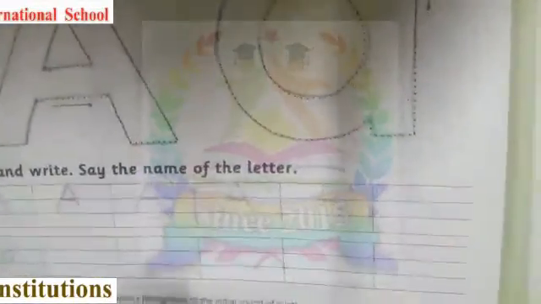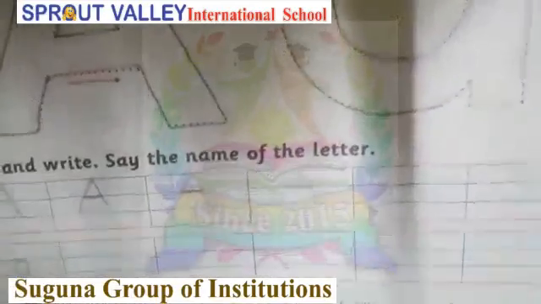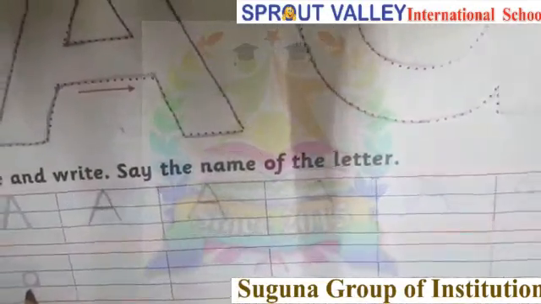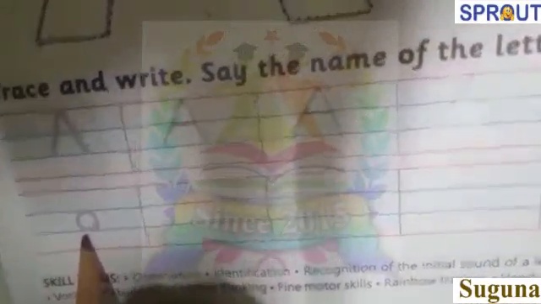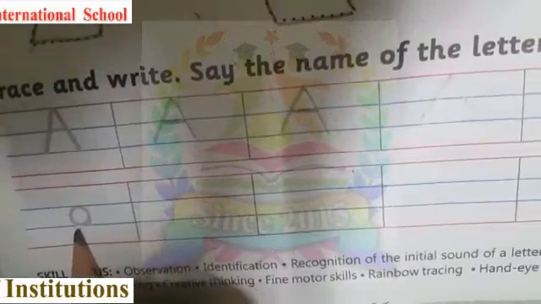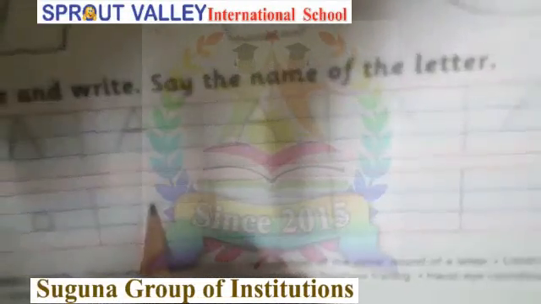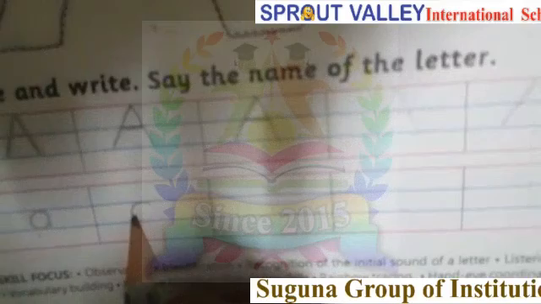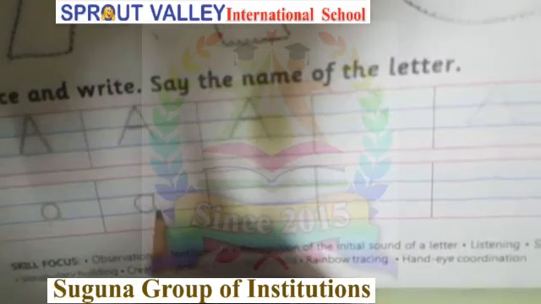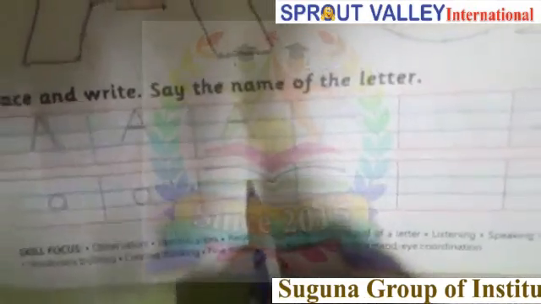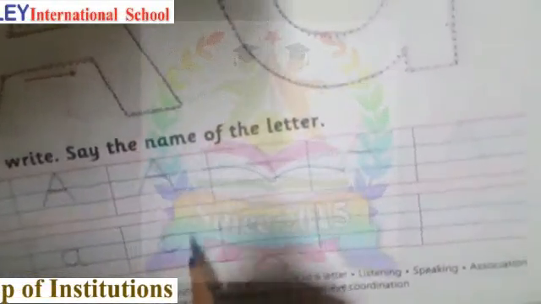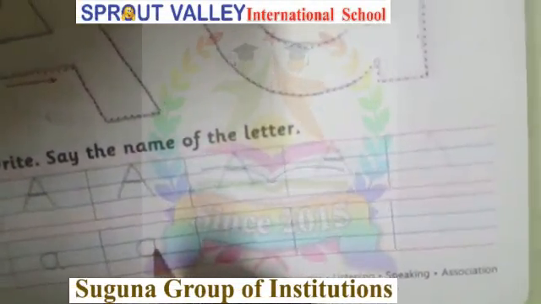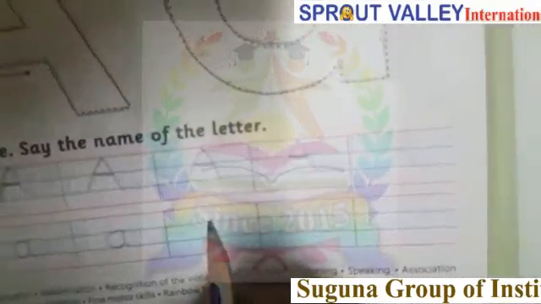A. Now see here, small a. How we have to write small a? A small curve in the blue line like this, then a curve, a small curve like this, and then other curve, small a.